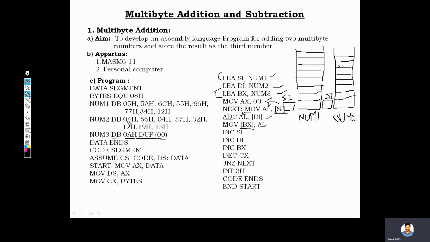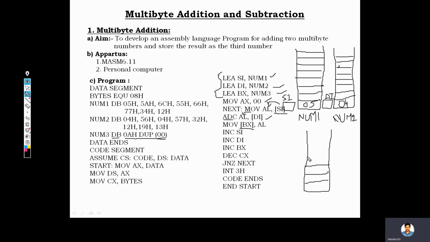So at this time, what are the values located in these locations? In num1, the first value is 05, and in num2, the first one is 04. These two values will be added, and whenever the arithmetic operation is completed, that result has to be stored in our result array num3.